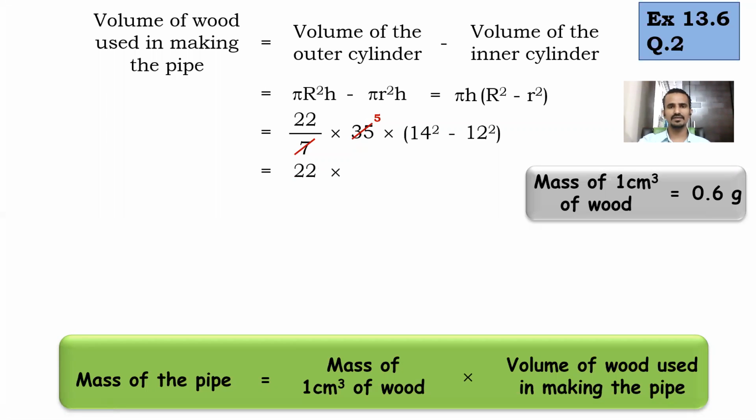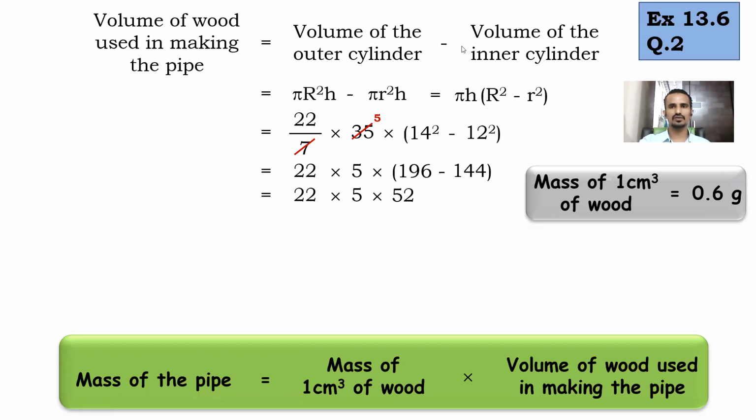So 22 into 5, and in the bracket we'll write 196 minus 144, which will be 52. So 22 into 5 will be 110 into 52.